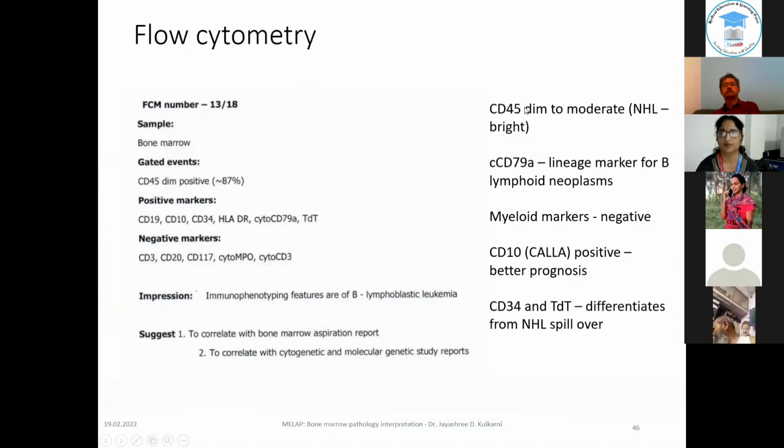So CD45 dim is very classical for ALL, especially B-ALL, and CD79a is a lineage marker. Myeloid markers are absent.